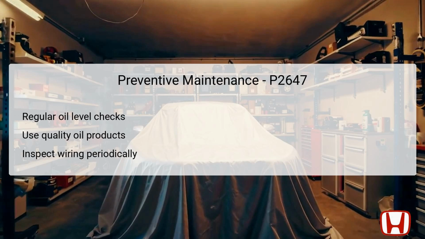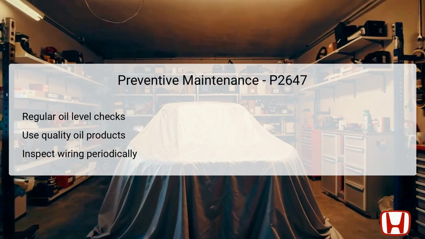Regular oil level checks should be part of the vehicle's routine maintenance schedule to ensure that the oil remains at the appropriate level, thereby ensuring proper function of the rocker arm oil pressure switch. It is equally important to use high-quality oil products tailored for the Honda Civic to maintain optimal engine conditions.